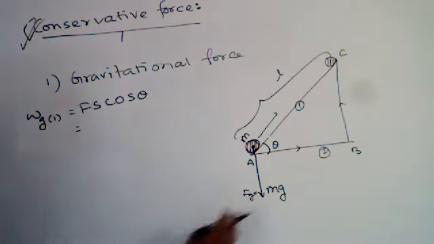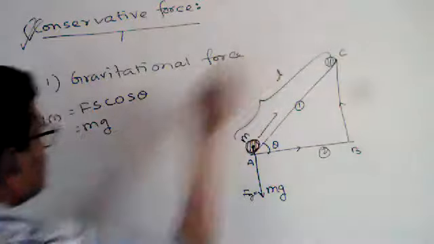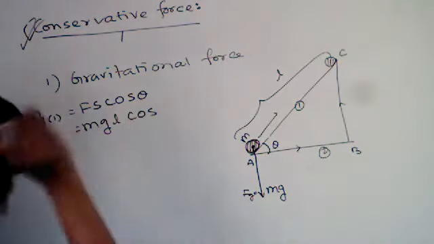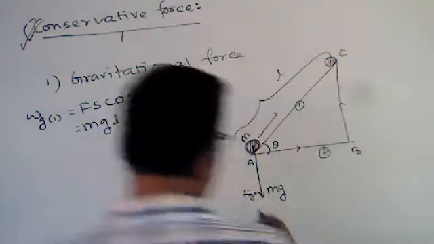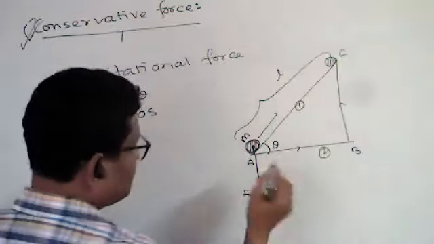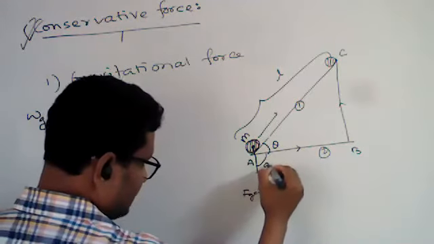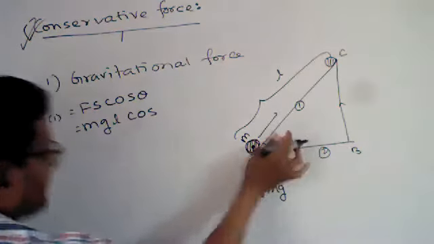Fs cos theta. Here F equals mg, S equals L. Now, what is the angle here? Force is in this direction, displacement in this direction. The angle between them is 90 degrees plus theta.